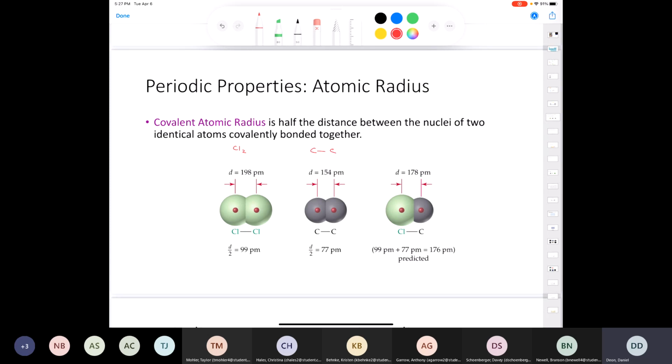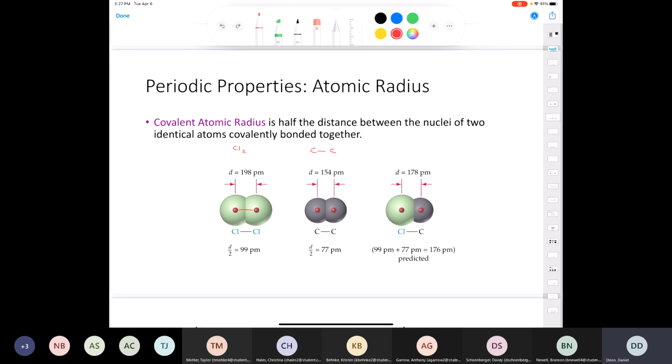The way that we measure atomic radius is we measure the distance between the two nuclei in bonds that have identical atoms, and then you just cut it in half, okay? So if you measure the distance between these two nuclei in chlorine, it's 198 picometers, and all you do is divide that in half, and there you go. That's your atomic radius. Same thing with a carbon-carbon bond.